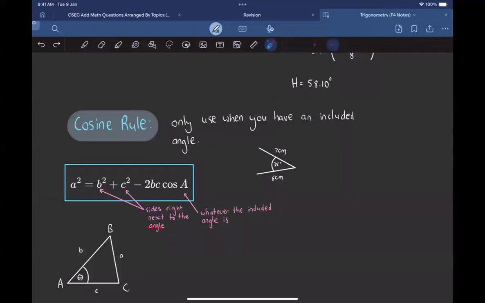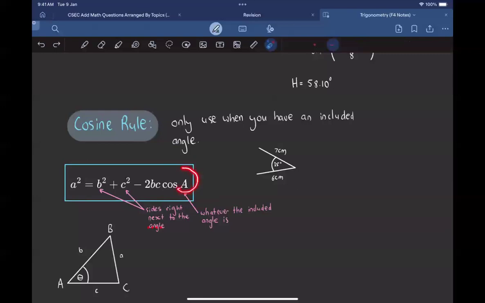This over here is the cosine rule. Whatever the angle included is: a squared equals b squared plus c squared minus 2bc cosine A. B and C are the sides, right?